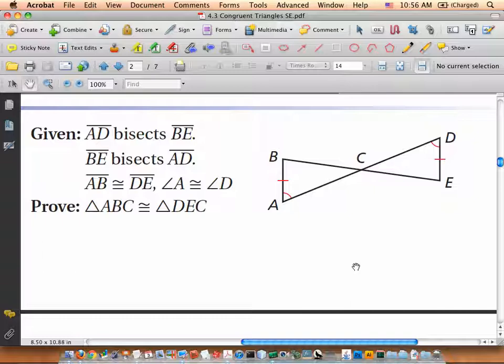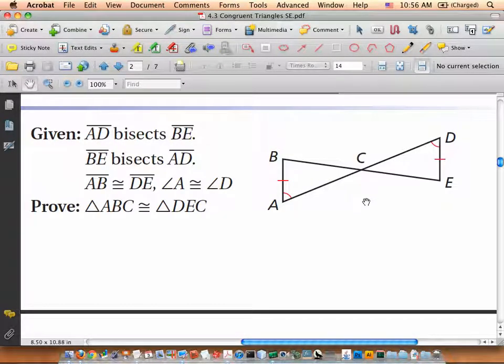So, we're just going to do a talk-through proof. How can I show that AC is congruent to DC? I do know it's true, but how do we know that it's true? AC is a segment, so I wouldn't use an angle postulate on a segment. Why does segment AC have to be congruent to segment DC?